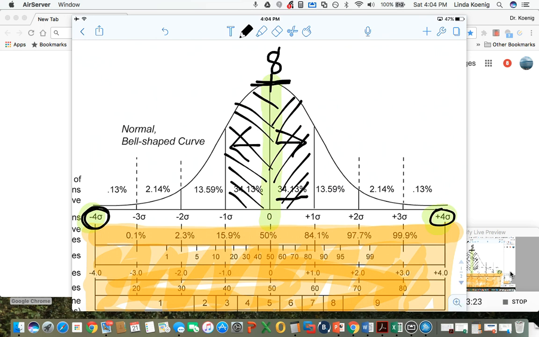So 34.13% is going to be on the positive side of the curve, right next to the mean, and 34.13% is going to be on the left side of the curve, right next to the mean.